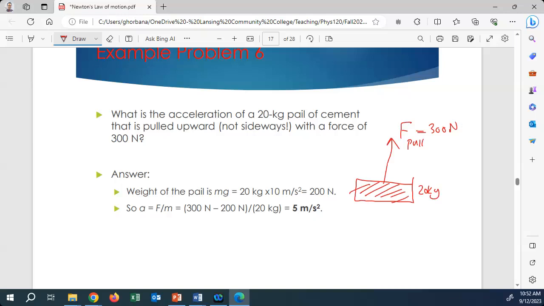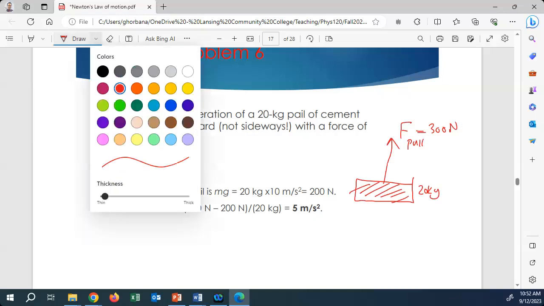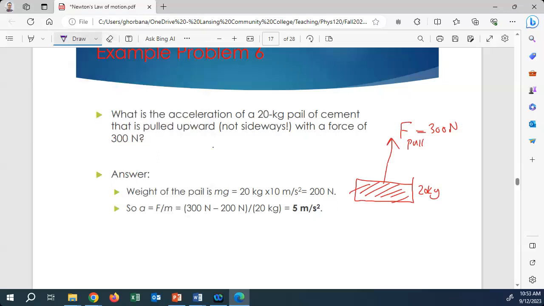And the next thing is identifying forces. How many forces will be exerted? The pull is already given in the question, so it means that there is one.